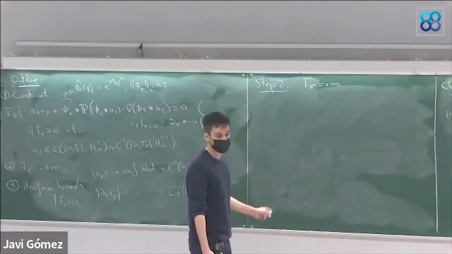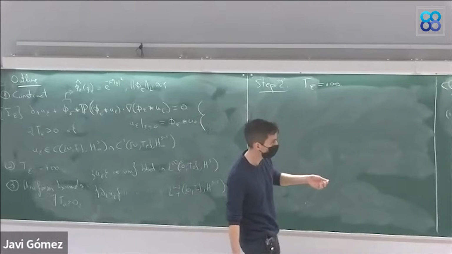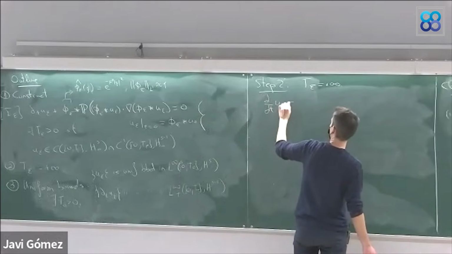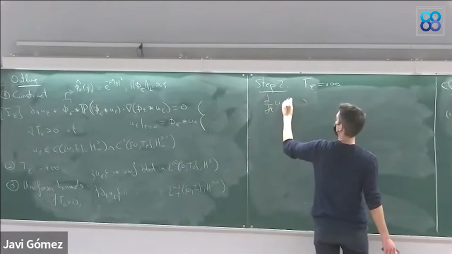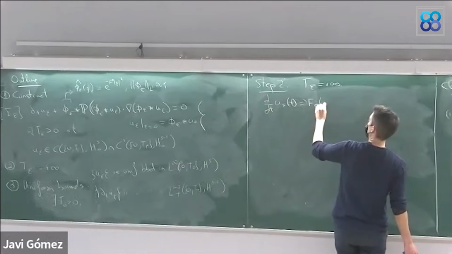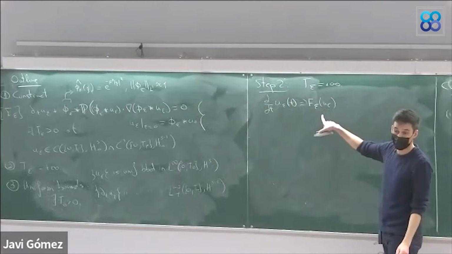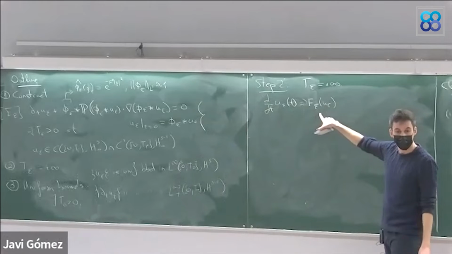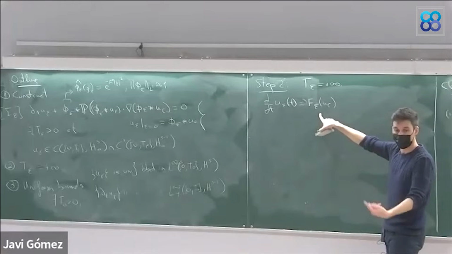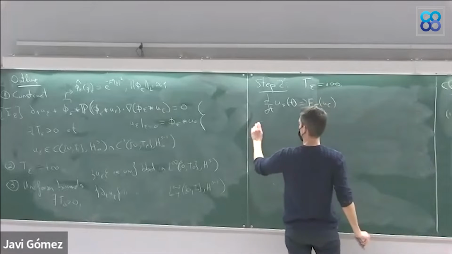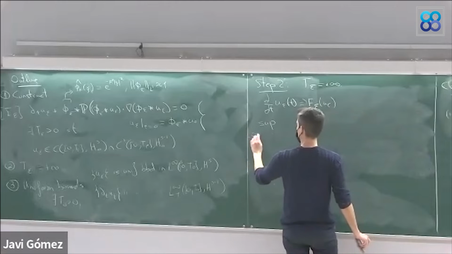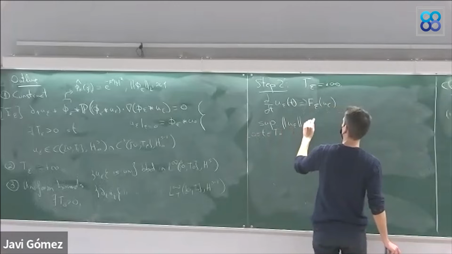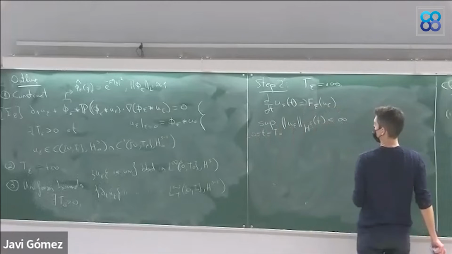I will apply a theorem that I'm not going to mention or prove: if we have an autonomous ODE, then to continue the solution in time, we only need to show that the norm is controlled.